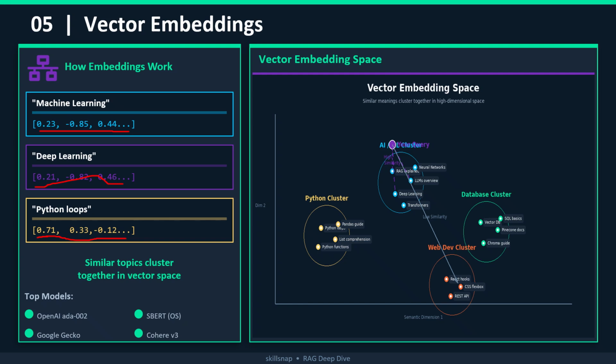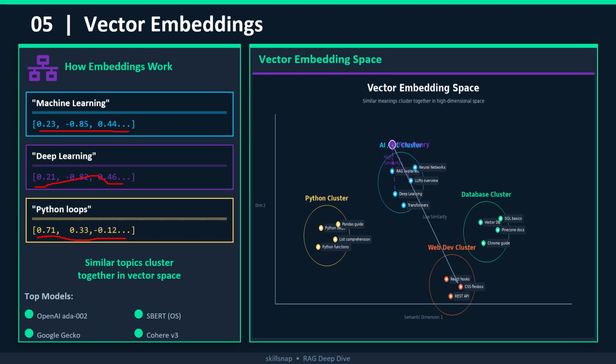Now, you can see the Python cluster, AIML cluster, database cluster, and web dev cluster here in the vector embedding space. In the AIML cluster you have deep learning, LLMs, and all of that. If you go to the database cluster, you will have SQL, vector DB.